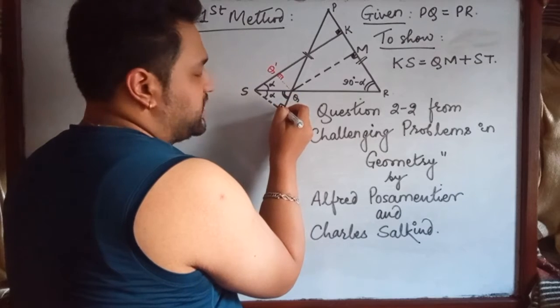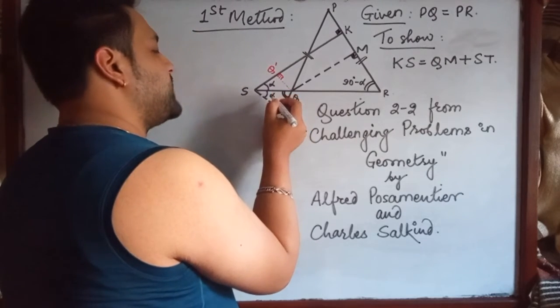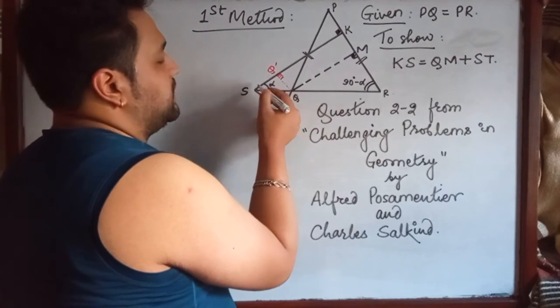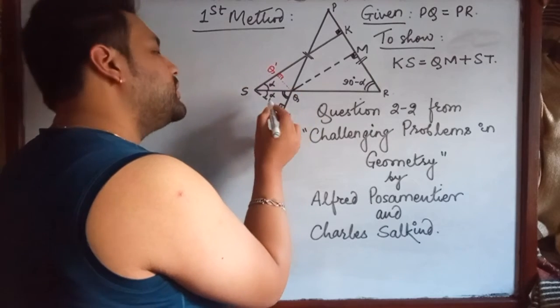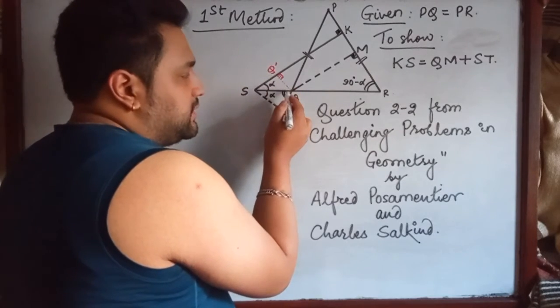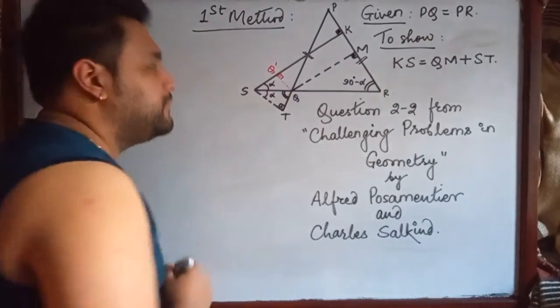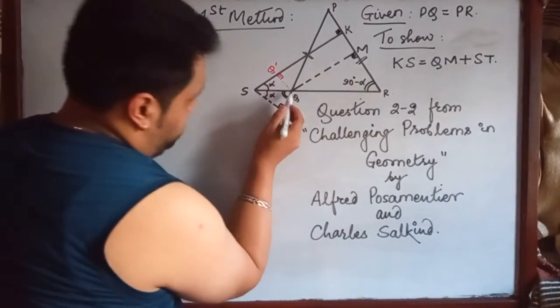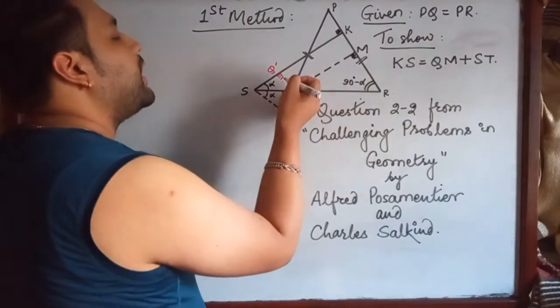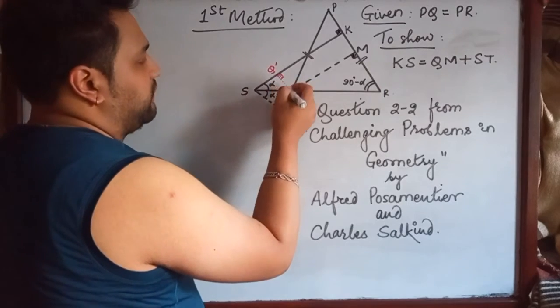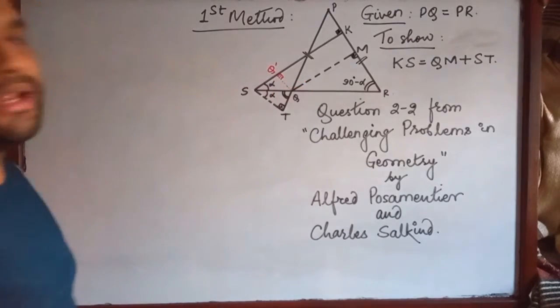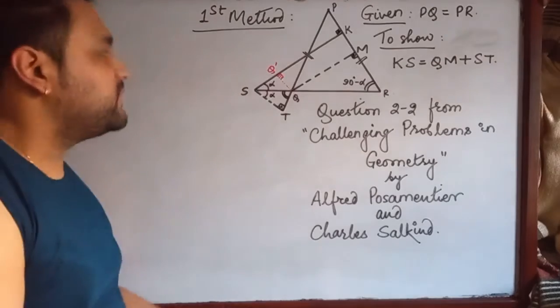This angle is equal to this angle, and this angle is equal to this angle. So in these two triangles, a side and two angles are equal: the side SQ and SQ, and two pairs of angles, alpha and 90 degrees.